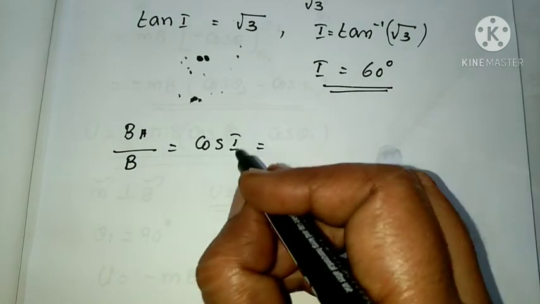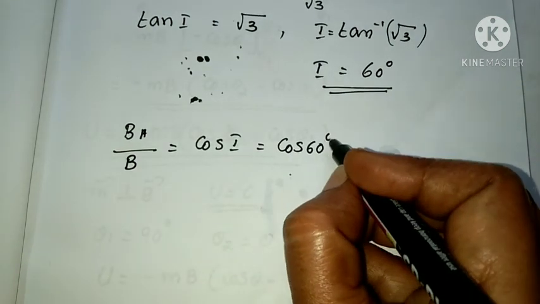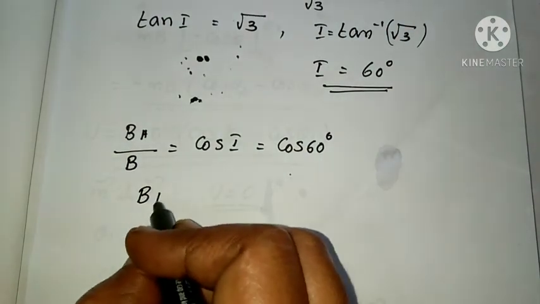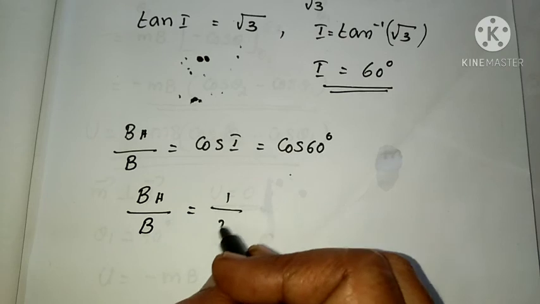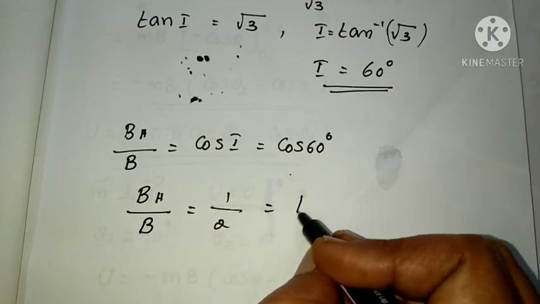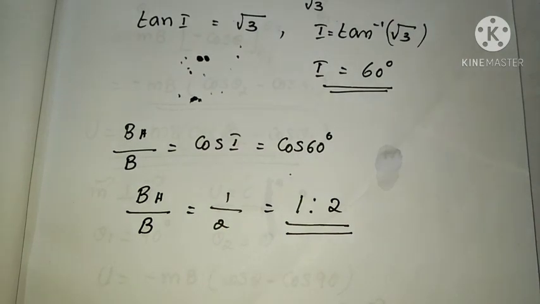So, we can write BH by B equal to cos 60. What is cos 60? 1 by 2. So, its ratio is 1:2. Clear? The ratio of horizontal component of the Earth's magnetic field to the total magnetic field is equal to 1:2. Clear?